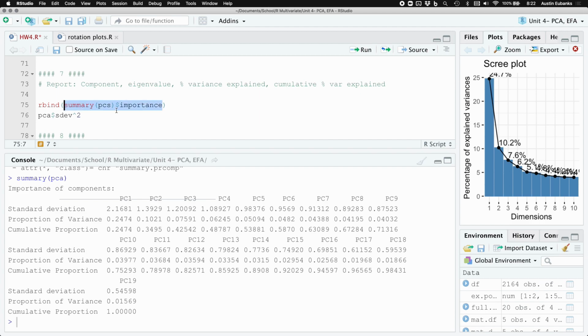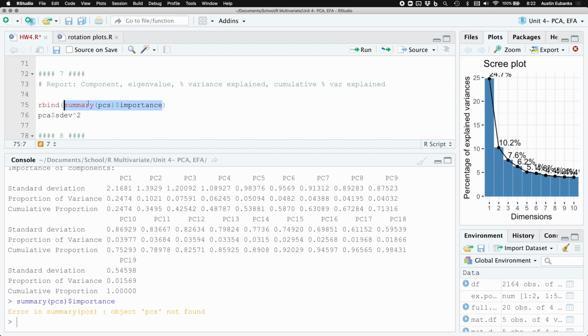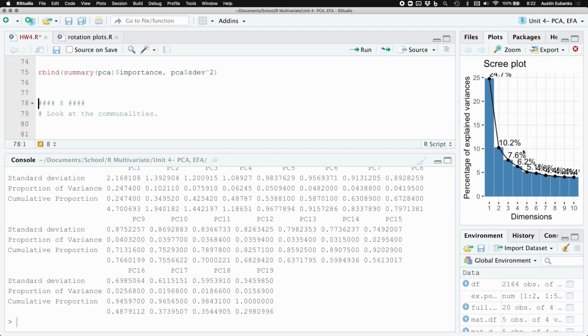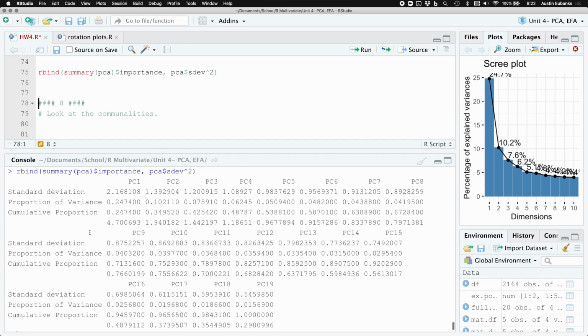And then we'll just run that portion to make sure that it's working, and then we'll bind that with our eigenvalues via PCA$sdev squared. Now when you run that rbind, it has all that information that it's asking for, and this bottom row is not labeled, but those are the eigenvalues that we just attached onto it.